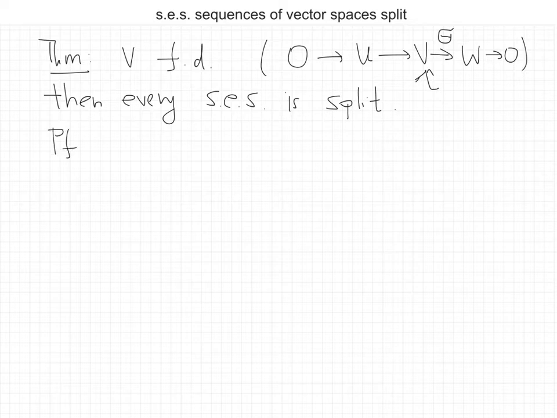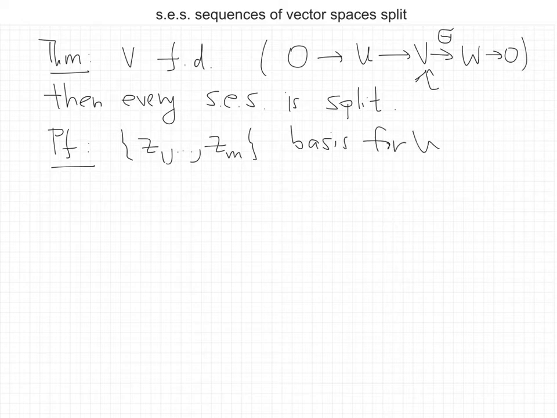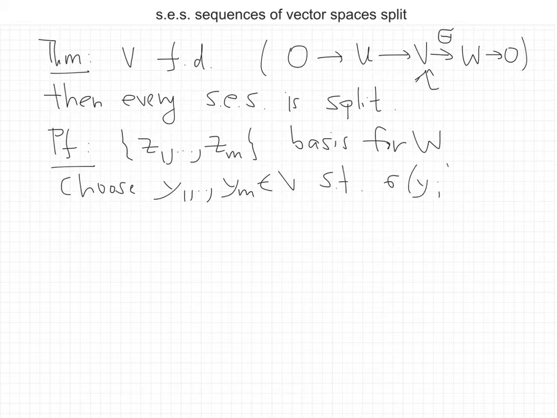So here's the proof of that. Well, it has to do with the fact that W is finite dimensional. So since W is finite dimensional, we can pick a basis z1 up to zm. This is a basis for W. And now I can of course choose y1 up to ym in the vector space V such that sigma of yi equals zi.